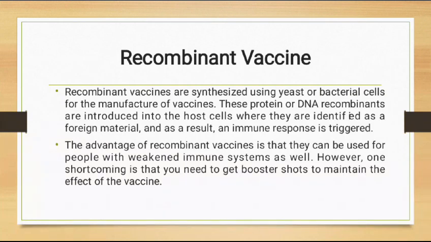The advantage of recombinant vaccine is that they can be used for people with weakened immune system as well. However, one shortcoming is that you need to get booster shots to maintain the effects of the vaccine.